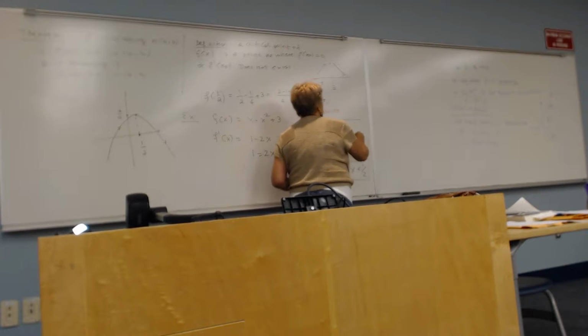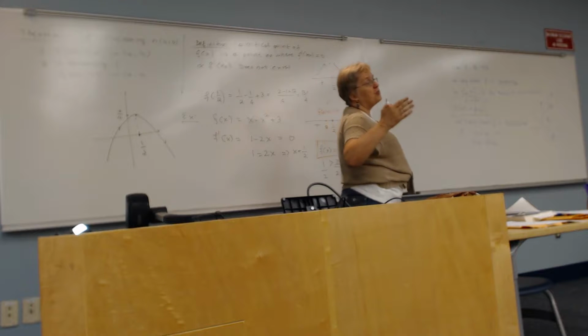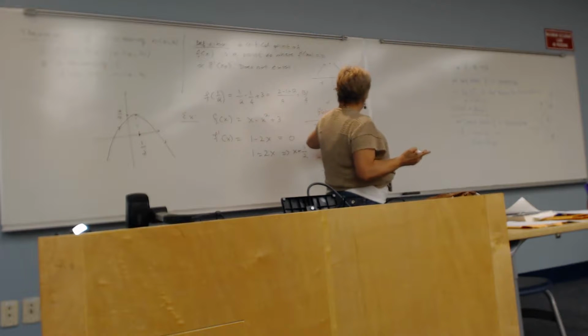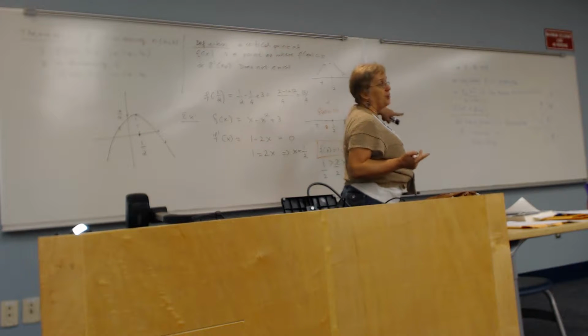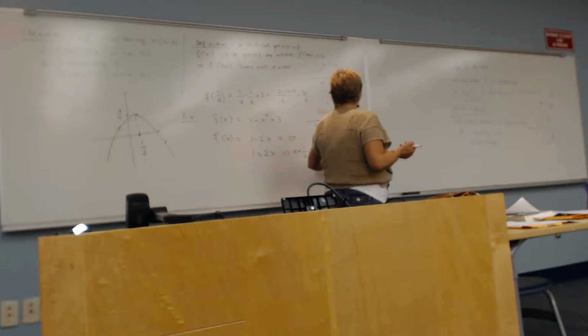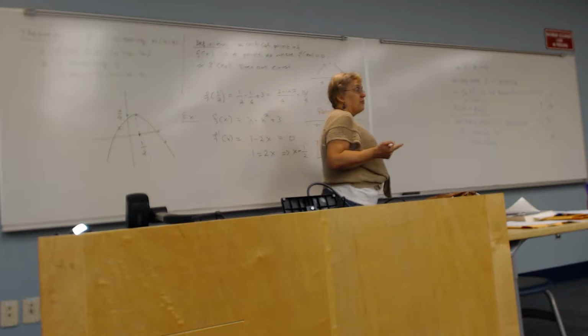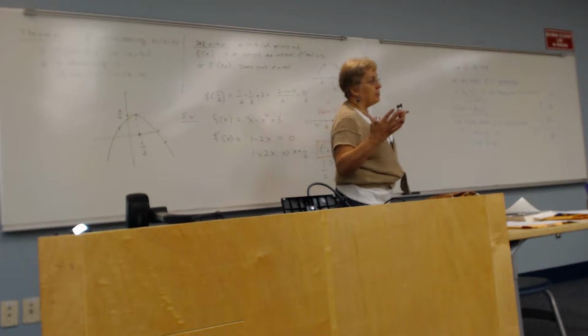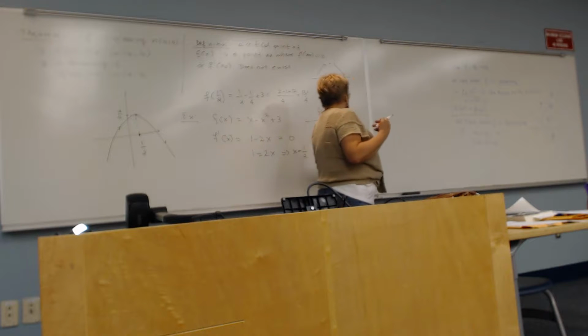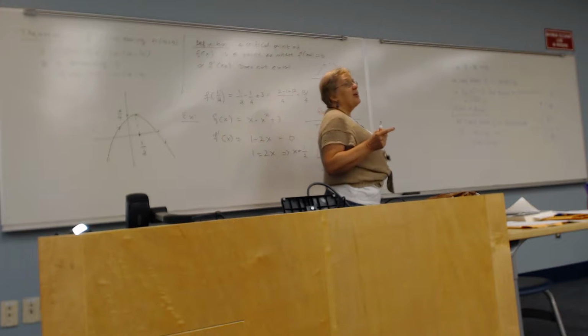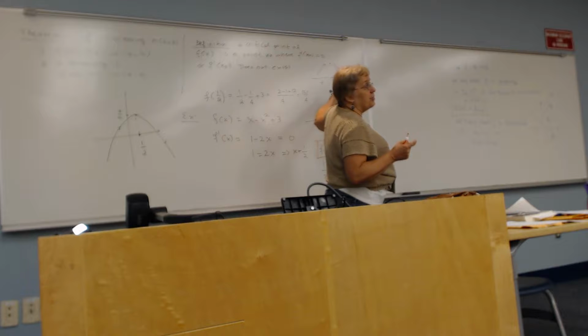I want to see for which values of x this expression is positive. I solve the inequality for x, and I get x less than a half, right? So what does it tell me? It tells me that the answer to my question is, for x less than a half, my derivative is positive.